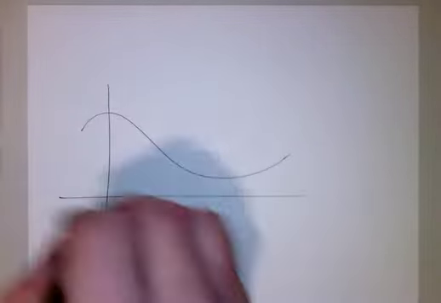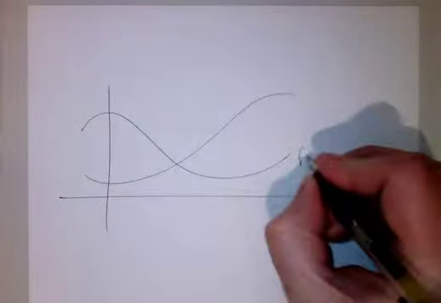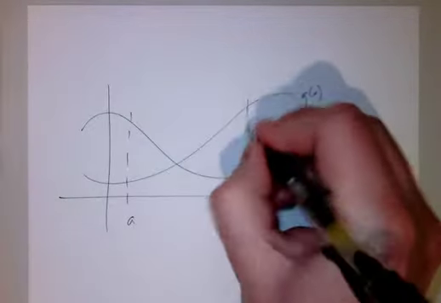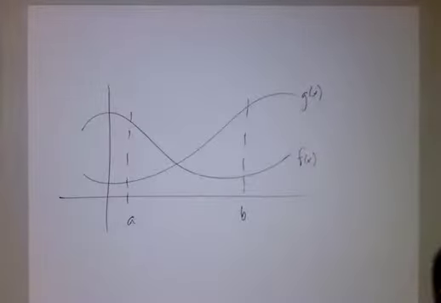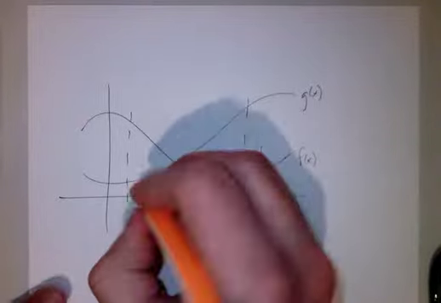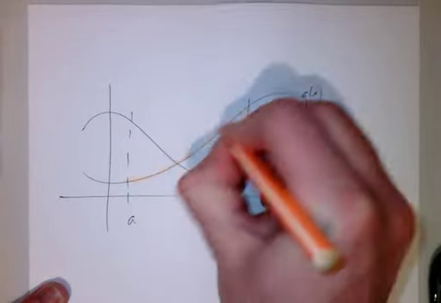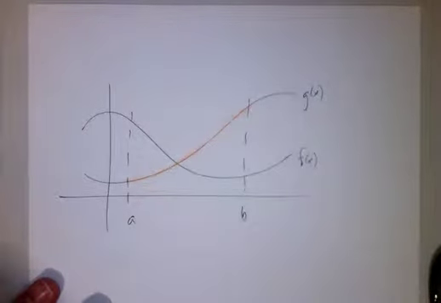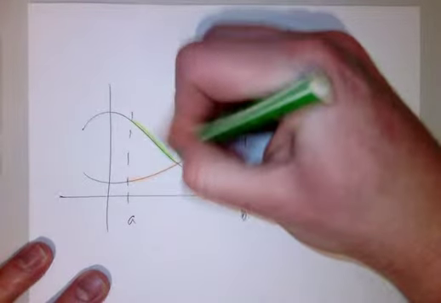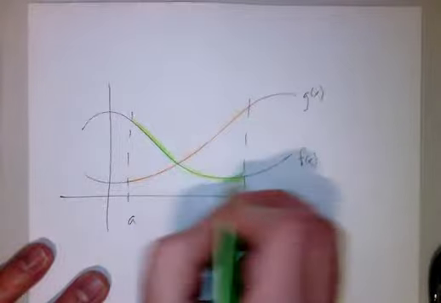The only thing you have to be careful about is if you have f of x and you have g of x, and they don't stay in the same relationship on your interval. Notice that this one right here is on the bottom, and then it's on the top. And notice that this one right here, where is that green, is on top, and then it's on the bottom.